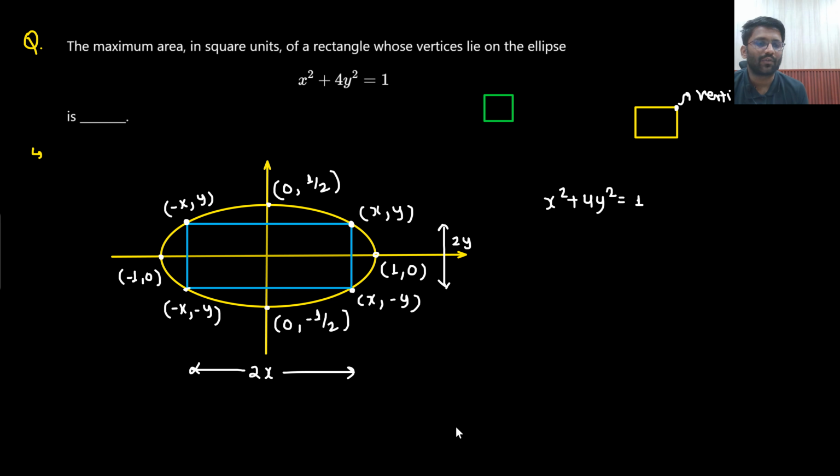I found the lengths of the rectangle because the vertices of the rectangle are lying on the ellipse. So the lengths of the rectangle are 2x and 2y. What do we need to find out? We need to maximize the area.